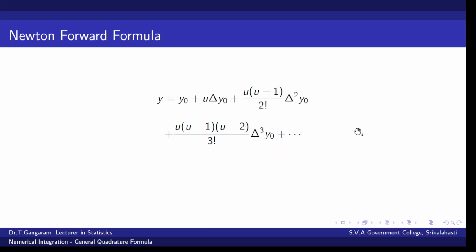We derive the general quadrature formula by using the Newton forward formula. Substitute this Newton forward formula for y in the function. The integral of f of x dx is equal to h into the integral from 0 to n of the Newton forward formula series into du.